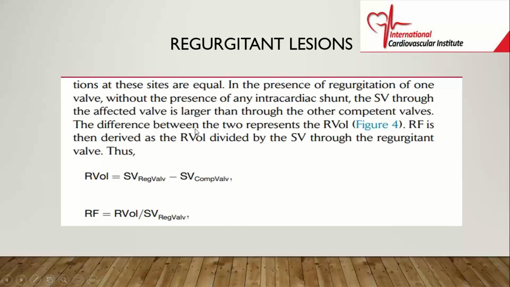If any of the valves is incompetent, you calculate the stroke volume for the incompetent valve and subtract from that the stroke volume of the competent valve. The difference is the regurgitant volume. The regurgitant fraction is the regurgitant volume over the stroke volume of the regurgitant valve.